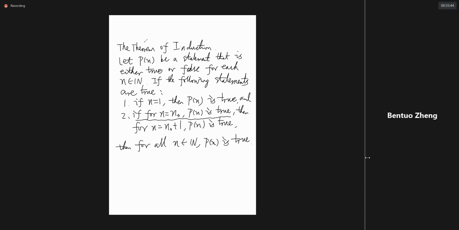So once you verify these two things, you can claim the statement Pn is true for all natural numbers. Okay, so next we are going to prove the theorem of induction using the properties of natural numbers.